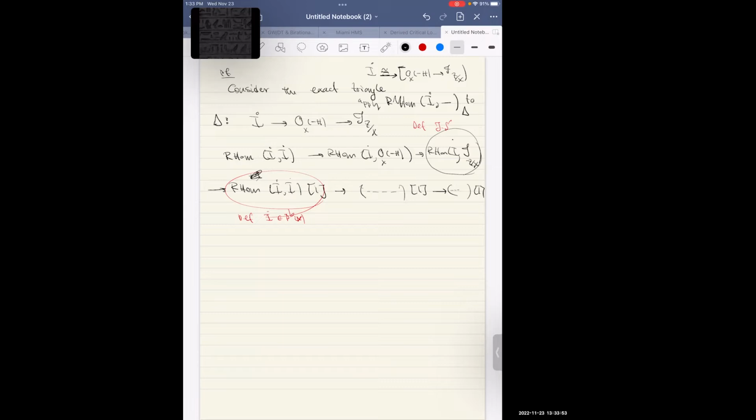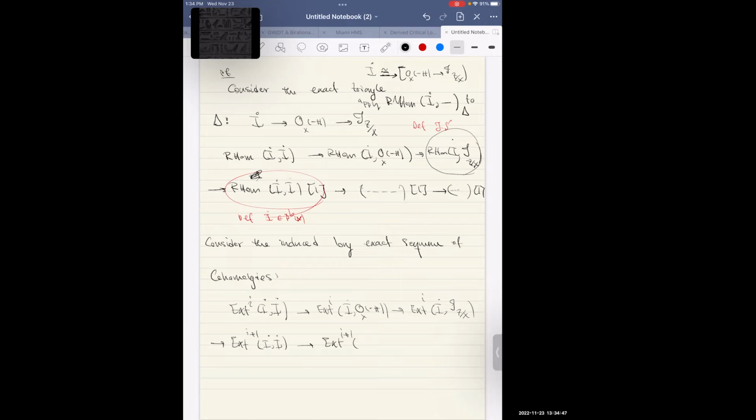So if you look at this exact triangle, you can consider the induced long exact sequence of cohomologies here, which is saying that Ext^i(I dot, I dot) goes to Ext^i(I dot, OX minus H) goes to Ext^i(I dot, I_Z in X) goes to Ext^(i+1)(I dot, I dot) goes to Ext^(i+1)(I dot, OX minus H), and it keeps going like that.